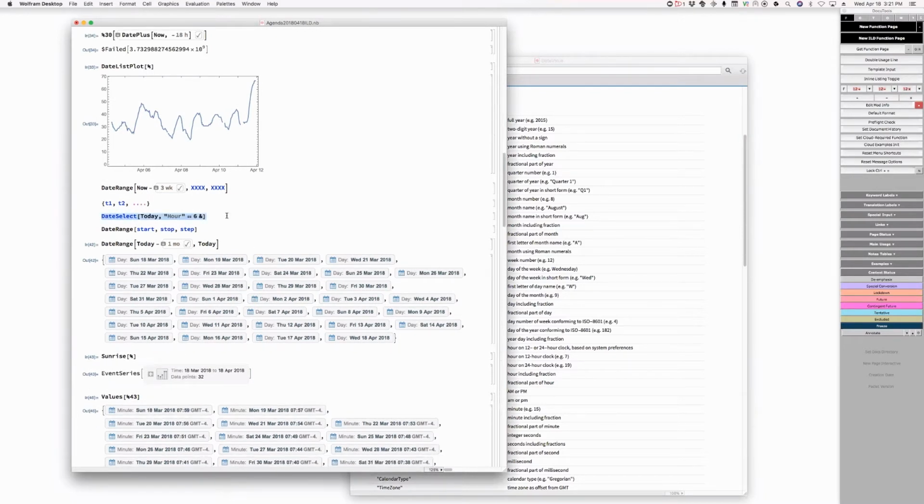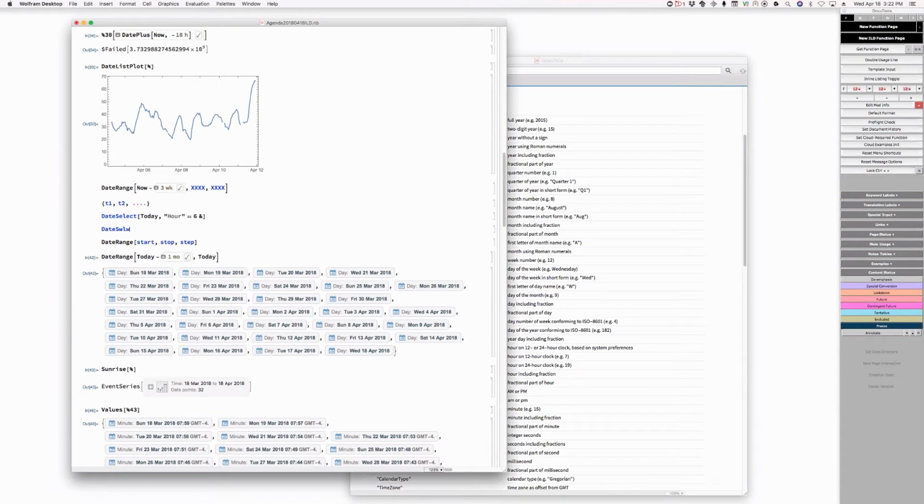So we could imagine a date select that gives us a list of specific dates at a certain granularity, I don't know what the granularity is, that match a particular criterion here. Right? Where this could be a date interval, but it doesn't need to be. It could just say date select, and we could have a simplified syntax of year, for example, which would mean the current year.